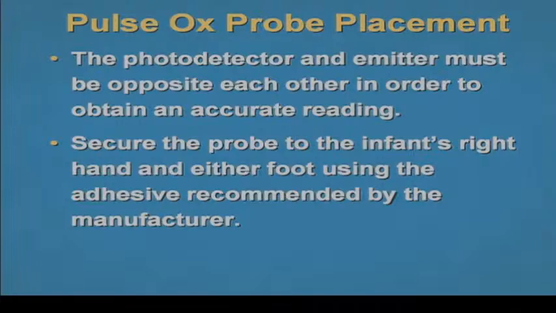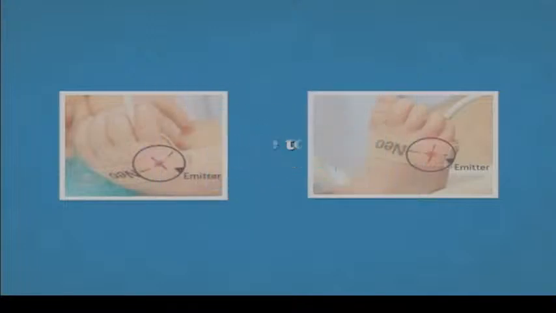And the probe should be secured using the recommended adhesive provided by the manufacturer. So this is an image of proper placement of that pulse ox probe, and you can see the light emitter on the top of the right hand and infant foot, and you can see the wire that's placed on the bottom side of the hand and the foot.